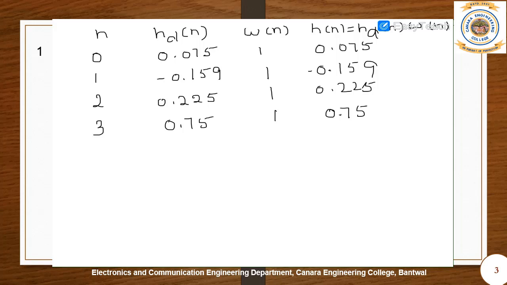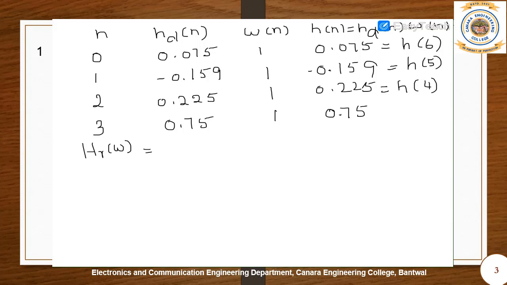Since the FIR filter is linear phase, what we get here is H of 2 is equal to H of 4, H of 1 is equal to H of 5, and H of 0 is equal to H of 6. Using these values, we can find the magnitude of the frequency response HR of omega.